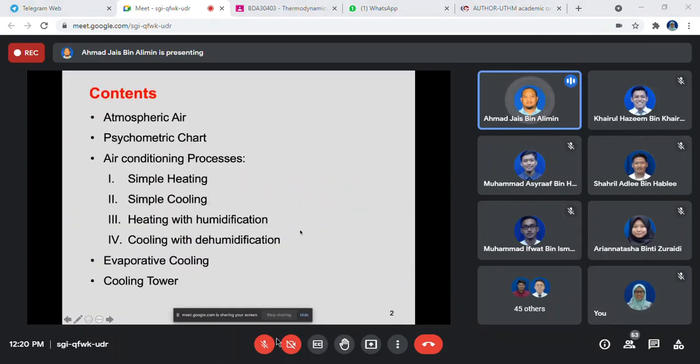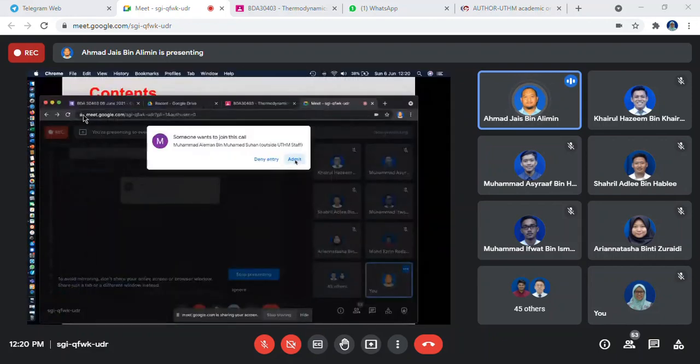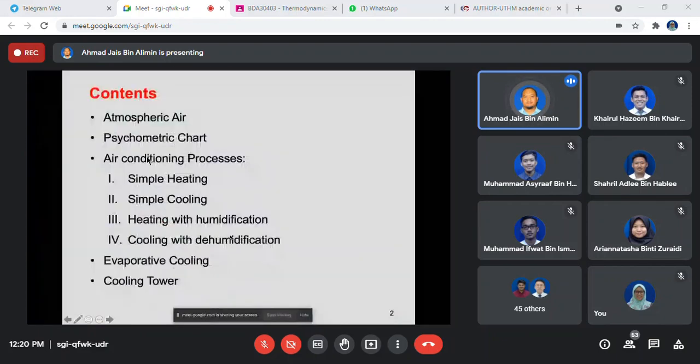Okay, so these are the contents briefly: the atmospheric air and the terminologies that will be involved, and the symbols, the parameters, the units, and then we're going to have a look also at the importance of the psychrometric chart and how we can use it to understand the quality of the atmospheric air.